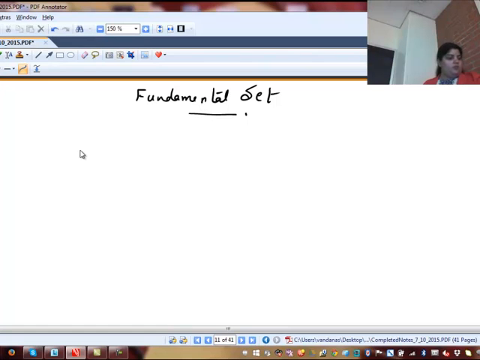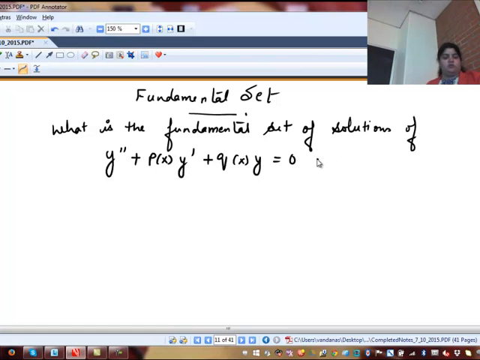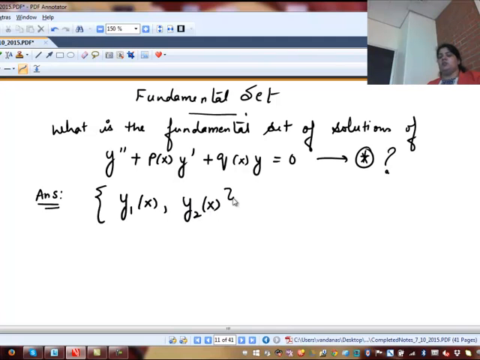So what is a fundamental set? A set of solutions of y double prime plus p(x)y prime plus q(x)y equals 0. So this is a question. The answer is, there will be two members in this set because the order of the differential equation is 2.